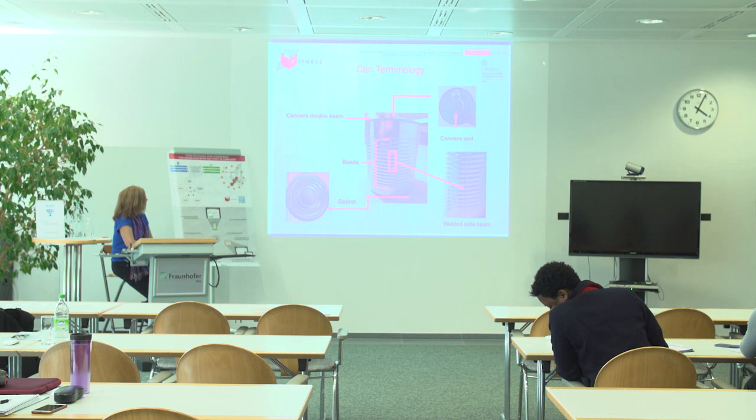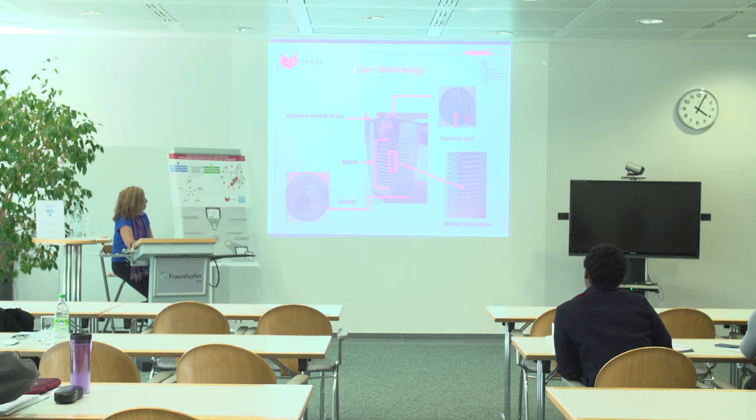So here is some terminology. This is the double seam. This is the canner's end, and so one end is applied to the body in the production site. The other end is left open in order for the can to be filled, and it is closed by the filler.